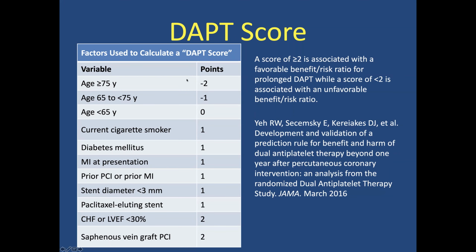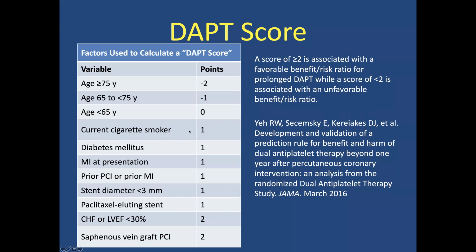Those things which increase the rate of bleeding include age. Greater than 75 years of age, you get -2 points. As mentioned before, a positive score is associated with a benefit of extended dual antiplatelet therapy. Patients of advanced age get -2 points because of their increased risk of bleeding. And then there are also things which increase your ischemic risk.